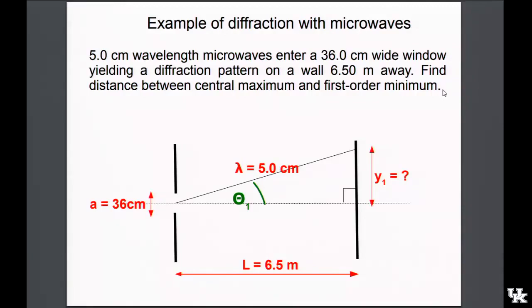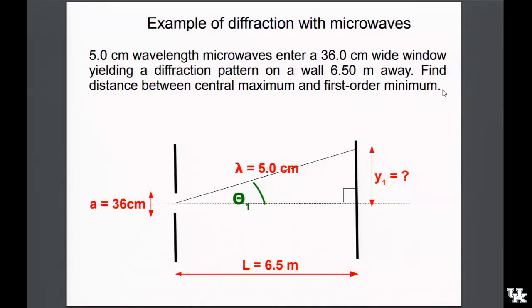This is a kind of disguised single-slit diffraction setup. We've got a source of waves. They're microwaves, and the wavelength was 5 centimeters. We're shining them on a single slit. That's the window. The width of the single slit is 36 centimeters.